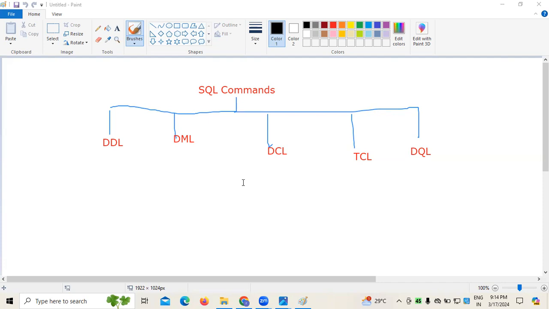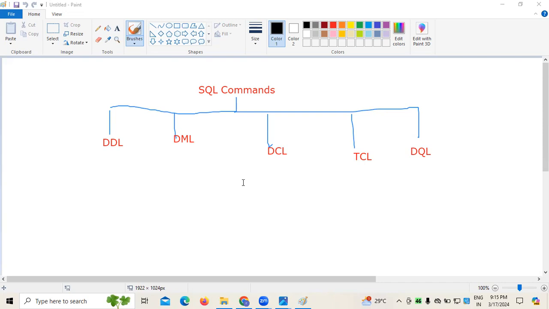This is the one which is used to modify the database, the modifications or changes that are required in the database. For that, generally, DML is used.